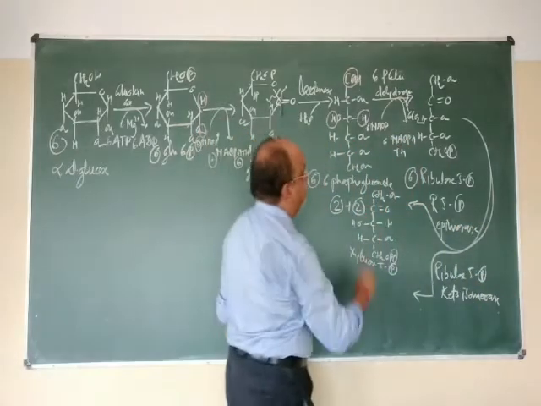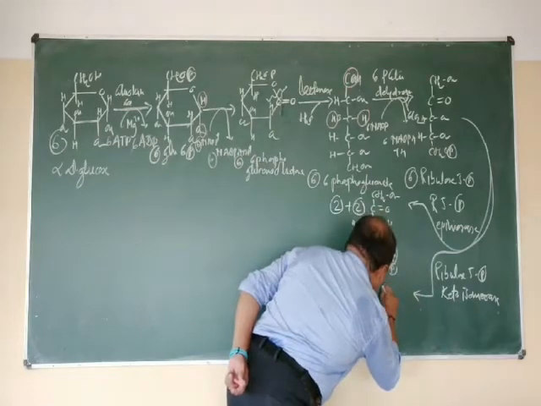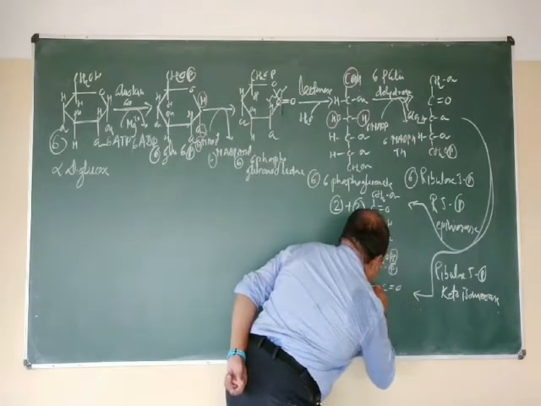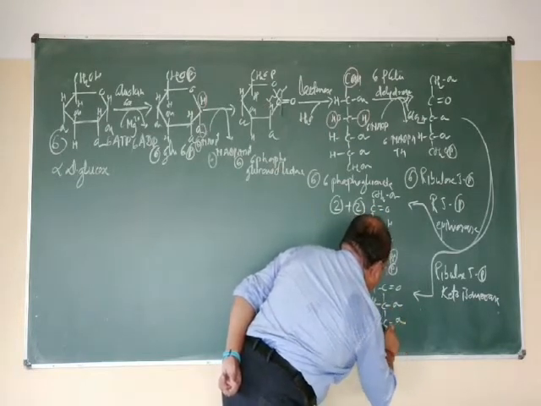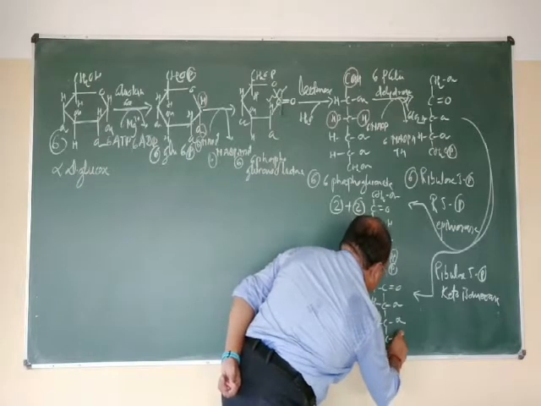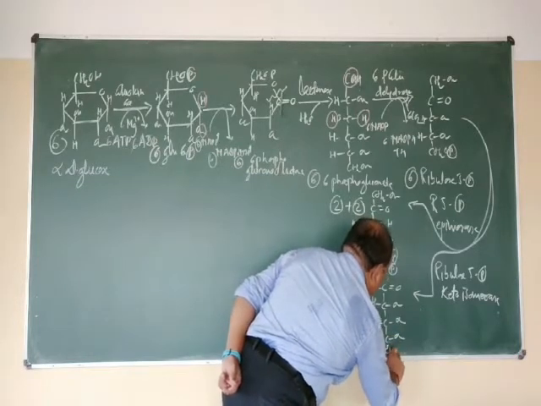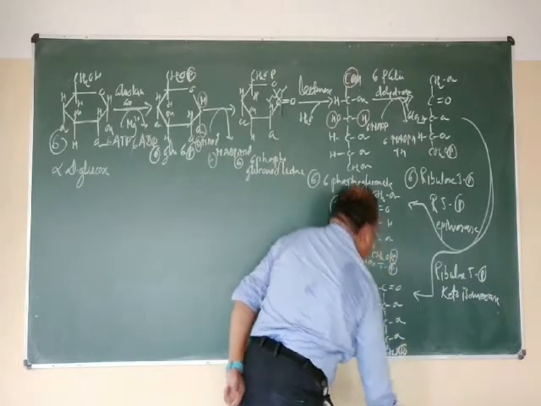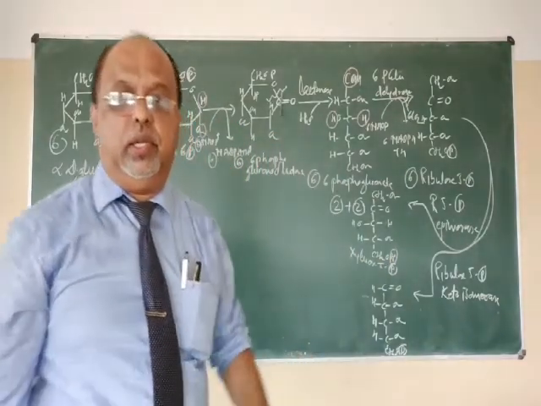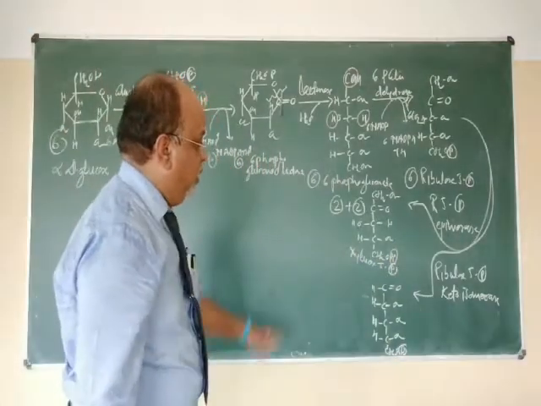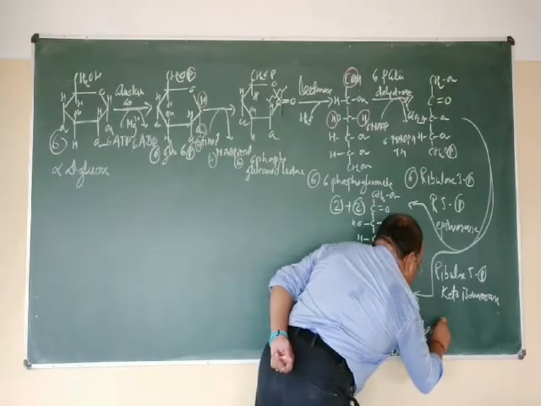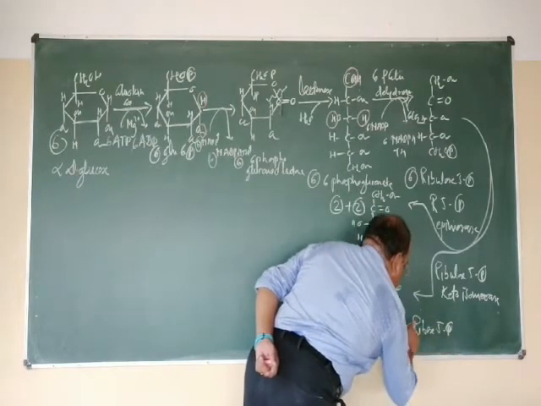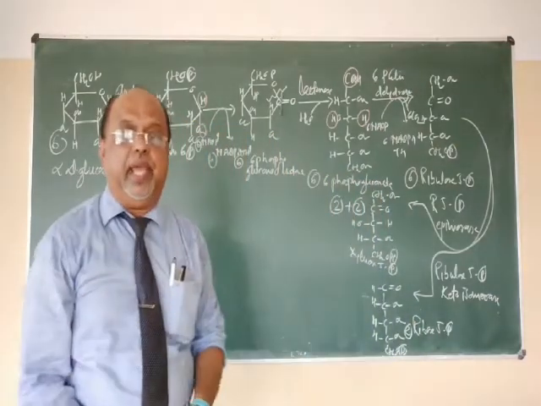Okay, now let us draw the structure of ribose. C double bond O H, C OH, again H C OH, and last is what? CH2OP. Now this is known as ribose 5-phosphate, 2 molecules. Okay.